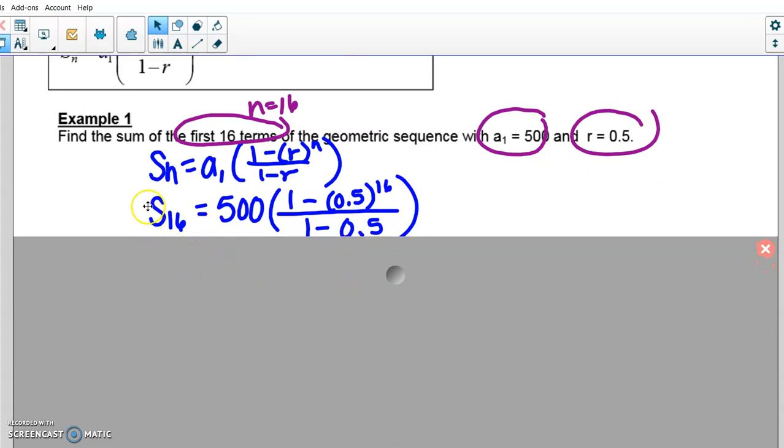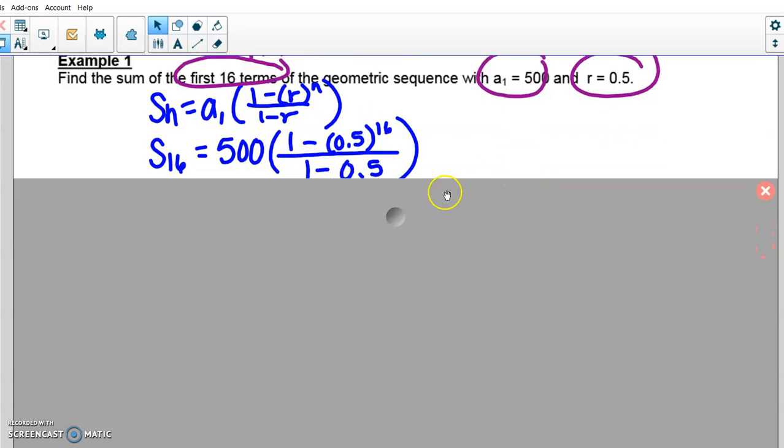So we know we're trying to find the sum of the first 16 terms. So S sub 16 equals 500, which is my a sub 1, times 1 minus, the problem gave me that r was a half, to the n, the number of terms we're trying to add up, which was 16, and it's all over 1 minus r, which again is a half.